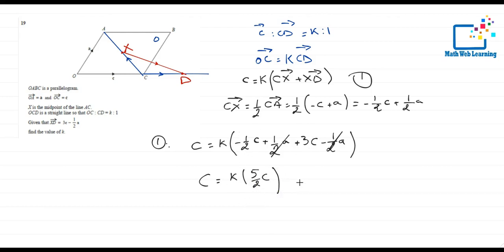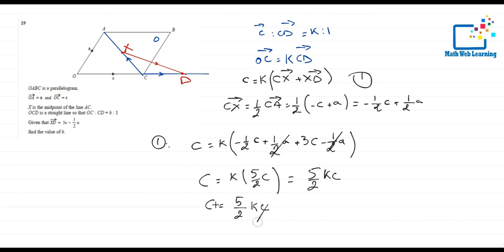Now I'm ready to go and remove the brackets. So c equals 5 over 2 k c so far. Let's write it down again here. c equals 5 over 2 k c. Remember, we're trying to calculate the value of k. So you can see c and c, these two here, can cancel down.